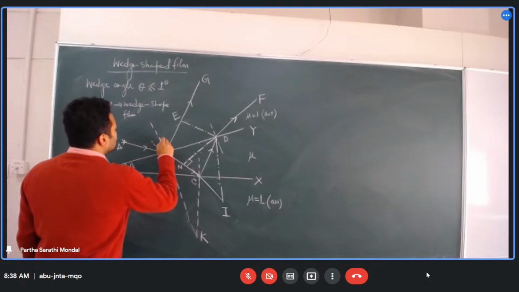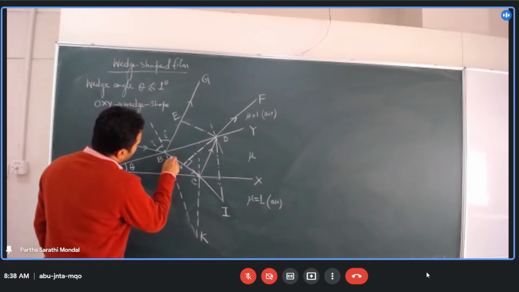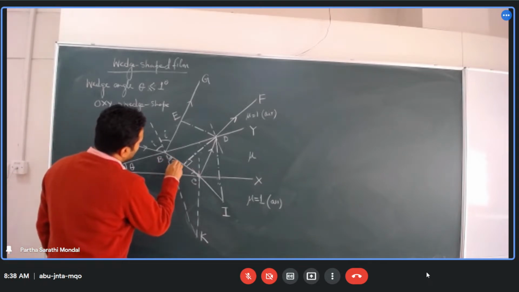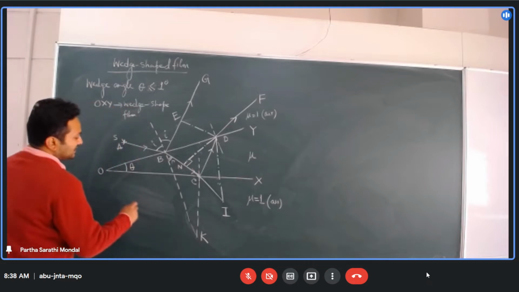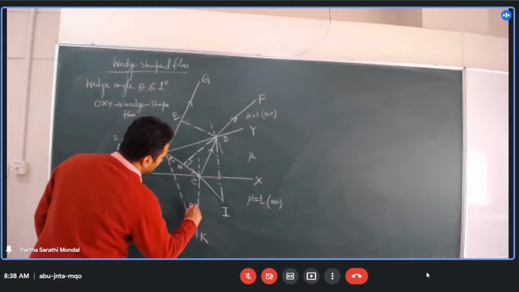So this is also i. Now this is the angle of reflection, r. And this angle is theta. As I told in the last class, this angle will also be theta.